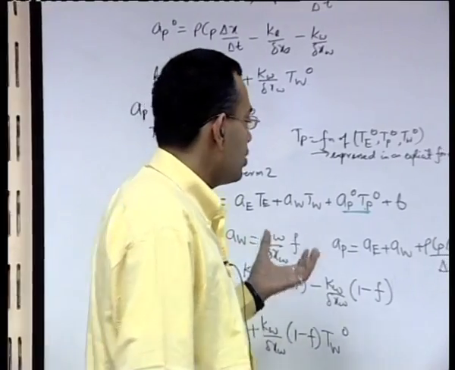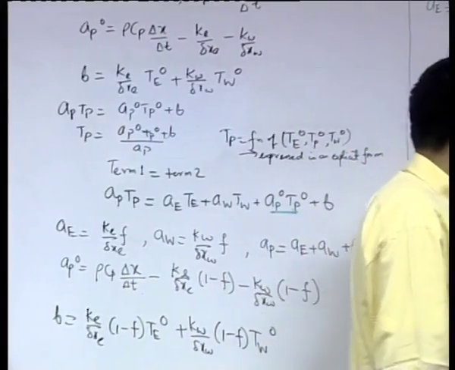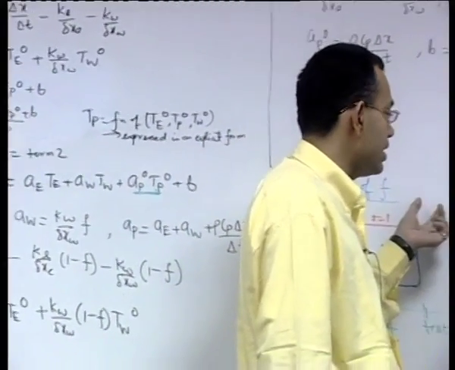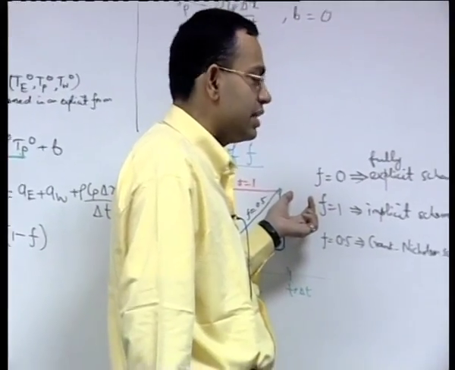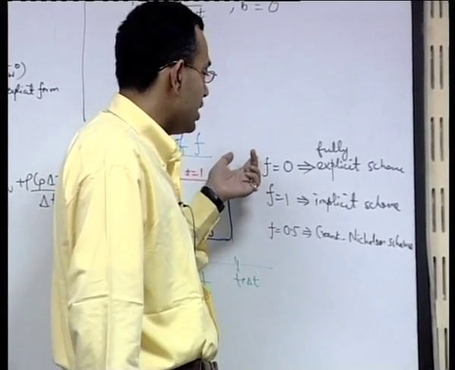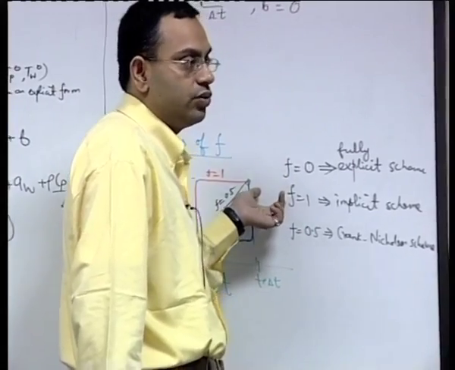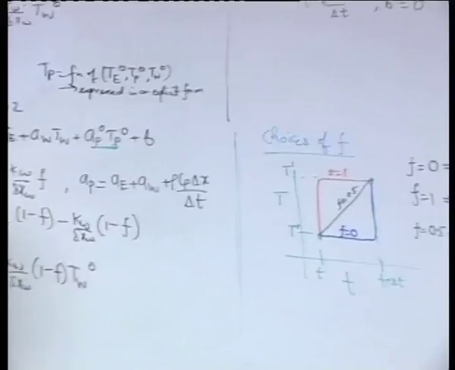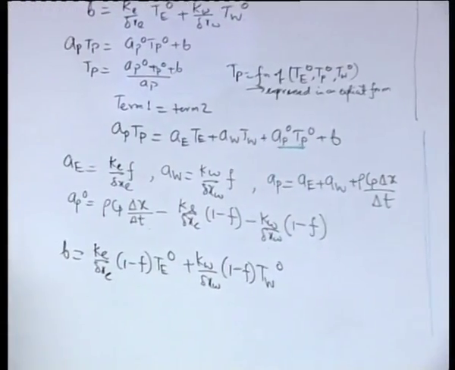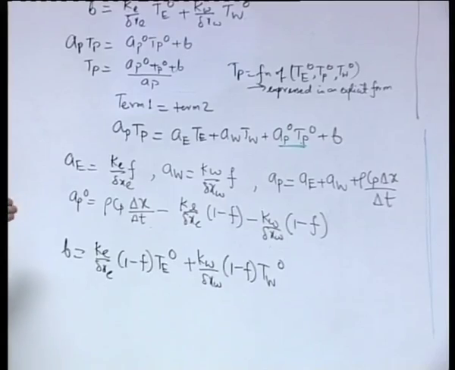With different choices of the parameter f, recall that f equal to 0 was the fully explicit scheme, f equal to 1 the fully implicit scheme, and f equal to 0.5 the Crank-Nicolson scheme. So, we will consider some limiting cases like f equal to 0 and f equal to 1 to begin with. Of course, we can test the case of f equal to 0.5 also and see whether those cases give rise to all coefficients of the same sign.